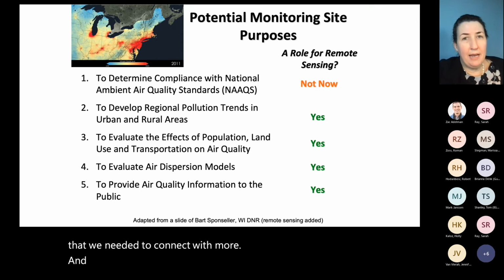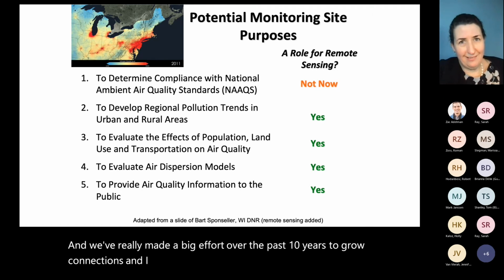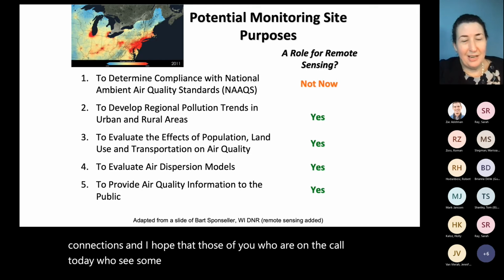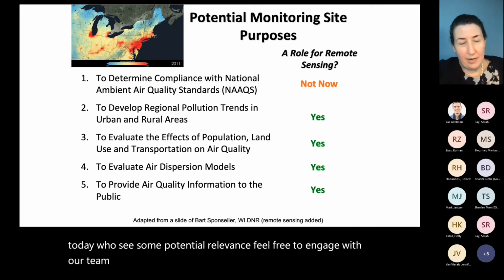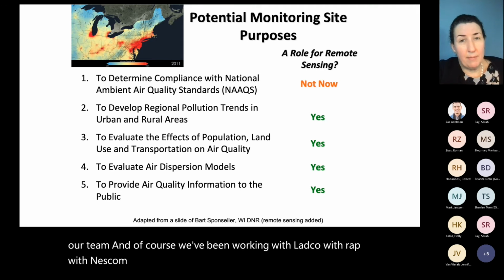And we've really made a big effort over the past 10 years to grow connections. And I hope that those of you who are on the call today who see some potential relevance, feel free to engage with our team. And of course, we've been working with LADCO, with RAP, with NESCOM, with Marama, and with other regional planning organizations.